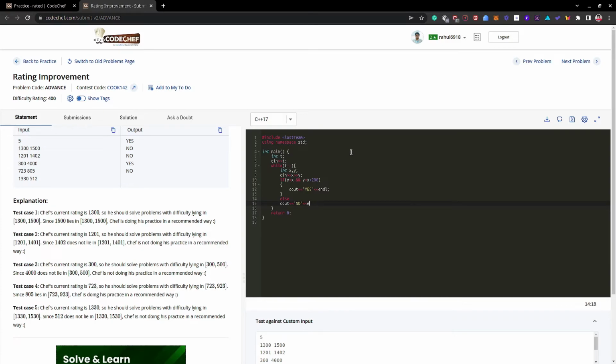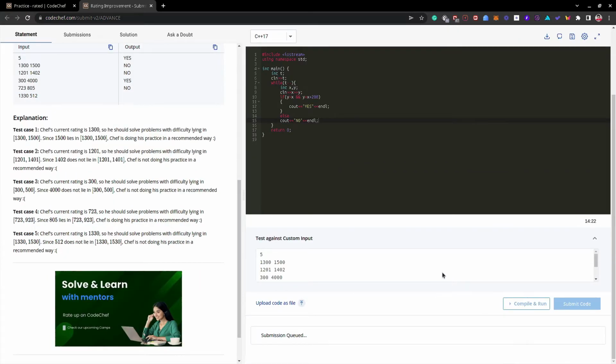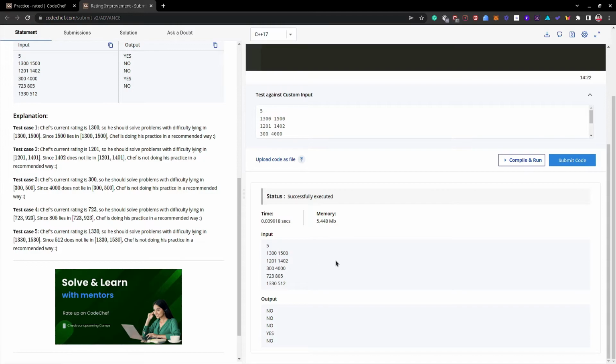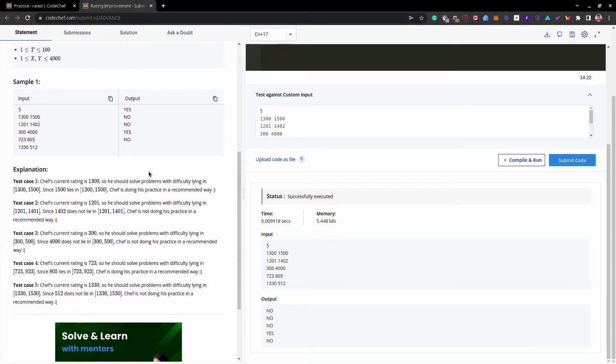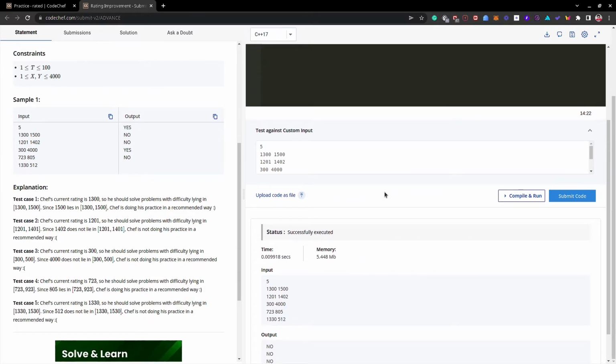And now let's compile and run, and see if it is matching or not. No, no, no, yes, yes. There's some issue with it. Where's no for the first thing?